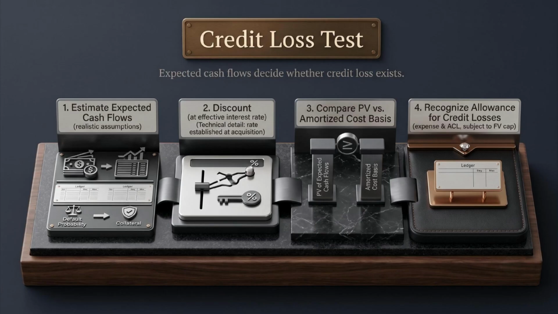Then those expected cash flows are discounted using the security's effective interest rate. If the present value is less than amortized cost, a credit loss exists, subject to the fair value cap. This test is about expected collection, not simply about market price movement.